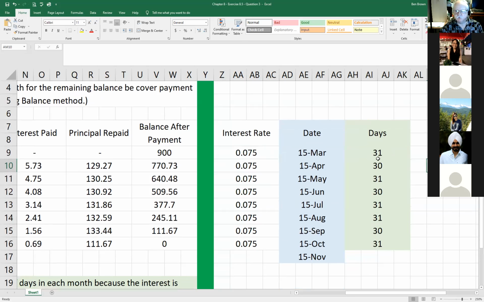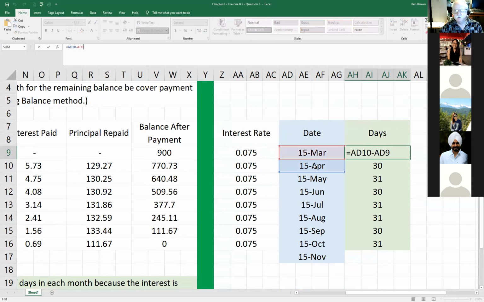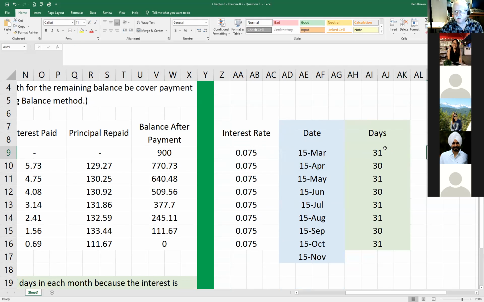And then over here for the days column, I just did this minus this, and it automatically gives me the number of days, because annoyingly enough, some months are 30 days and some months are 31. But because this was calculated on a daily basis, we needed to know the exact number of days.